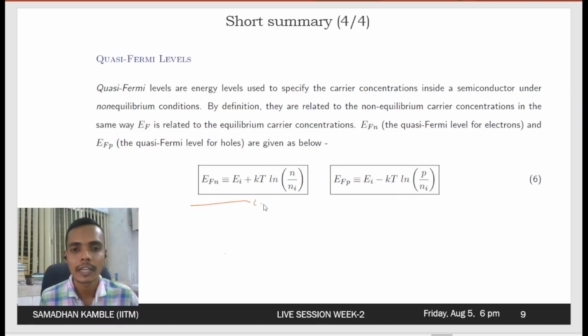EFN and EFP are the quasi Fermi levels for the electron and hole case respectively. I think this is quite a good summary, and we should now move to the assignment problems.